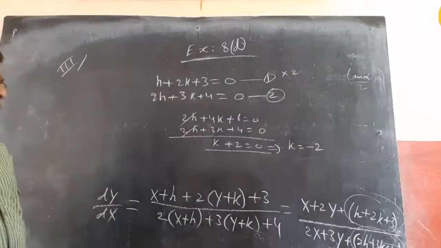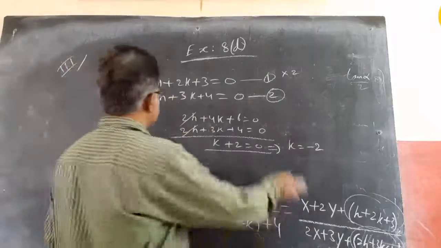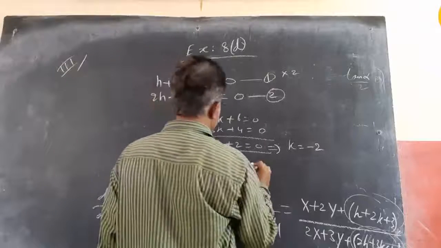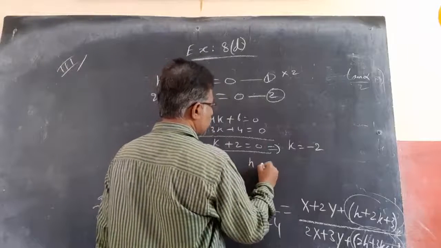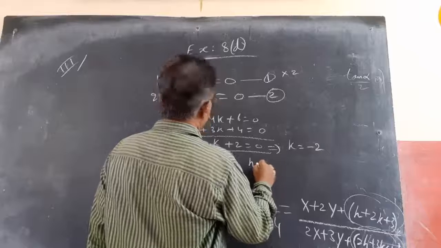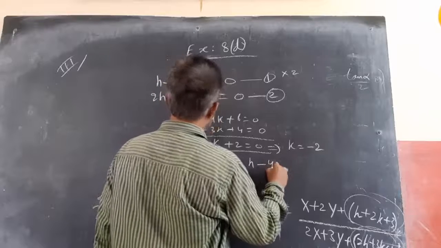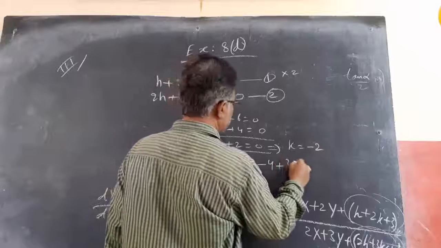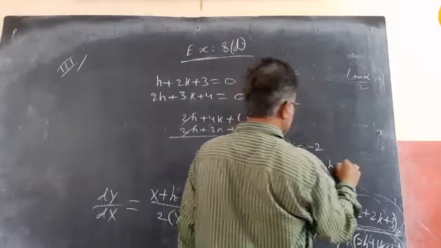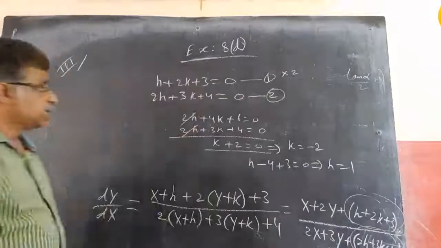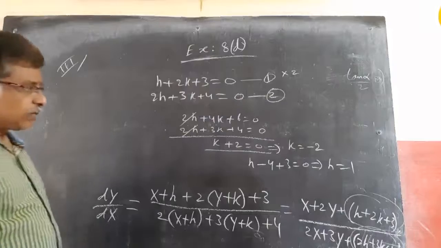Now substitute the k value in anything to give me the h value. Substitute in 1: h minus 2k means h minus 4 plus 3 equal to 0 implies h equal to 1. So h equal to 1, k equal to minus 2.